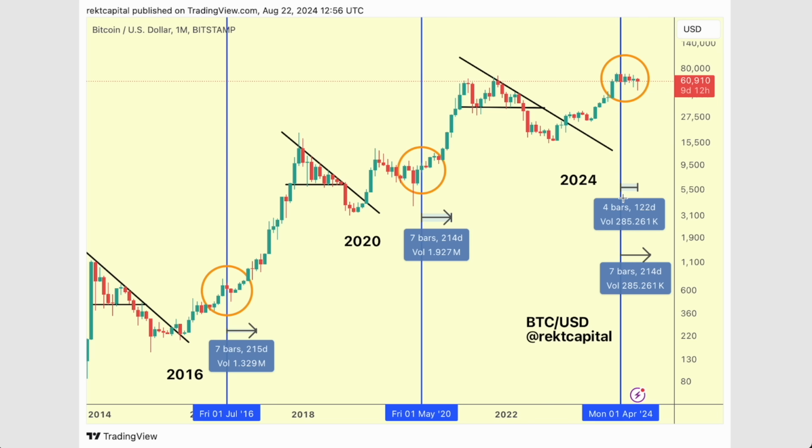So us being 122 days after the halving right now, consolidating around old all-time highs made in mid-March 2024, we are effectively still accelerating in the cycle by almost 100 days, definitely over 90 days.